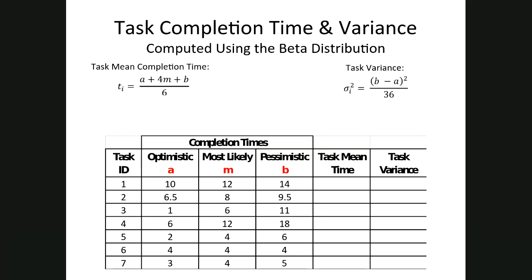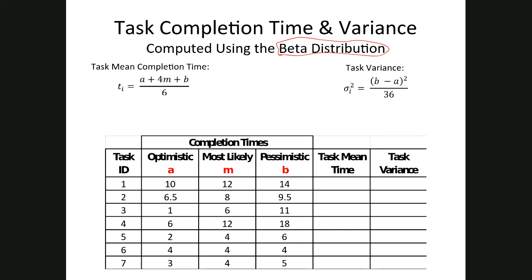Now, the book explains this in greater detail. For each one of these tasks, we're going to use properties of the beta distribution. And again, you need to accept this as fact.